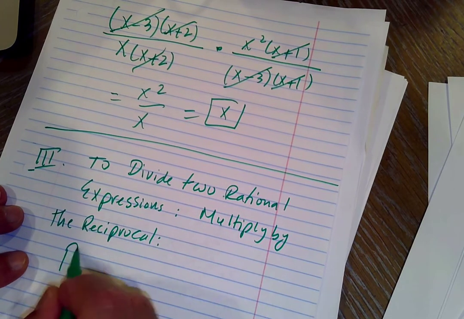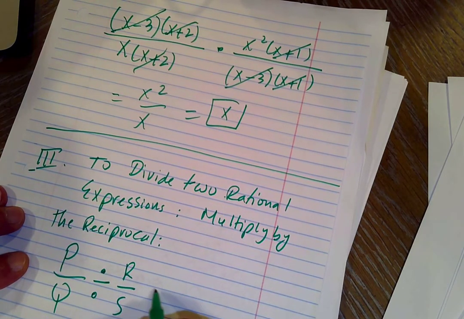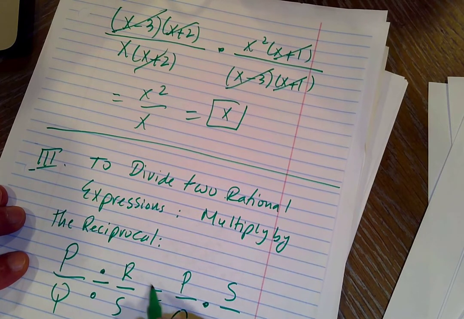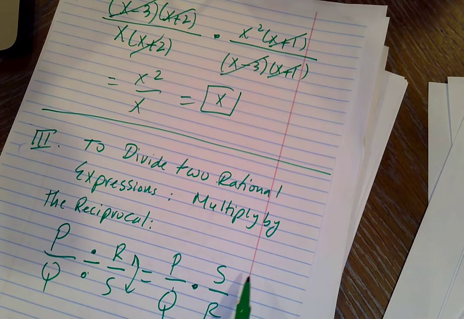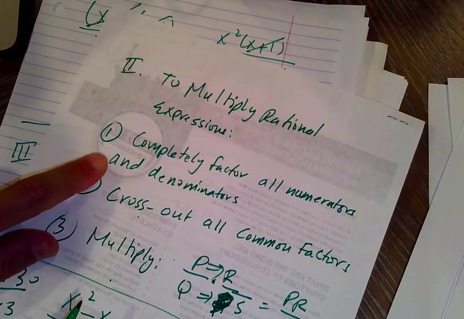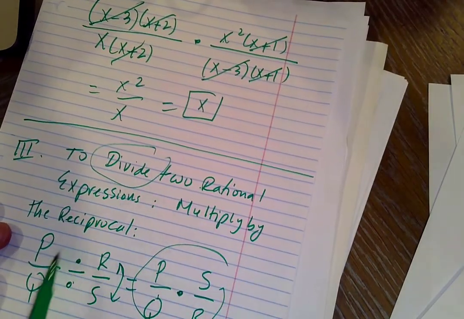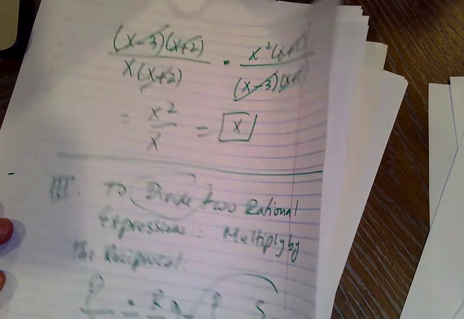So if you have P over Q divided by R over S, then it's P over Q times S over R. You flip that after you switch division into multiplication, and then this is a multiplication problem, which takes you back to multiplication of rational expressions. So when dividing, you have to do the extra step first, and then you proceed as you did with multiplication.